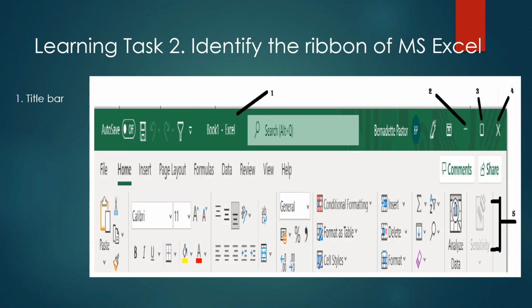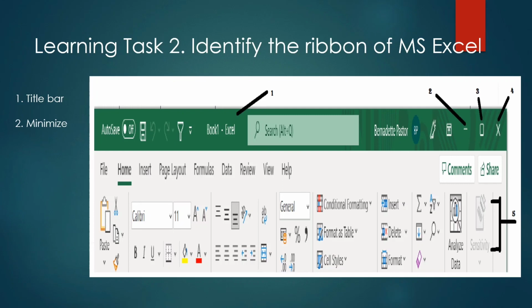That is the title bar. For number 2, this is used to minimize your screen or to hide your application. That is the minimize button.